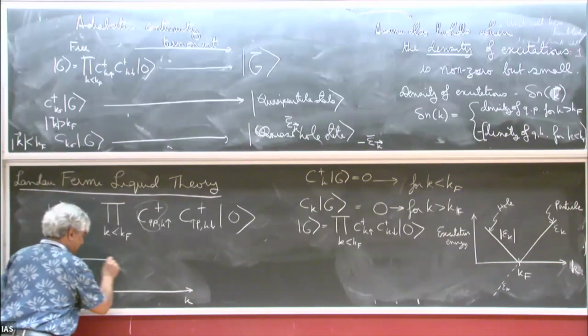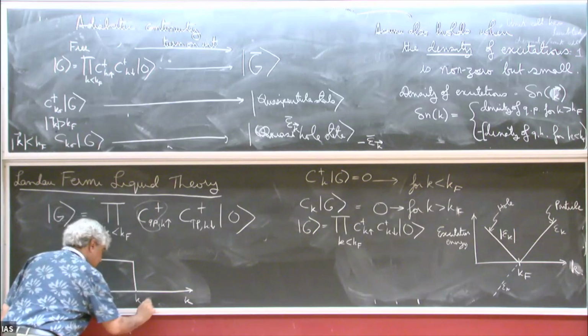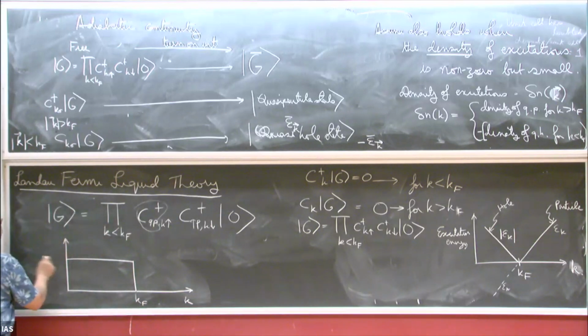Okay, so then I have the following distribution function. So here, what I'm plotting, this curve here, is the N_QP of k, which is the density of quasi-particles in the ground state.